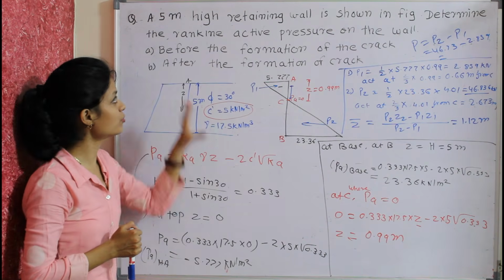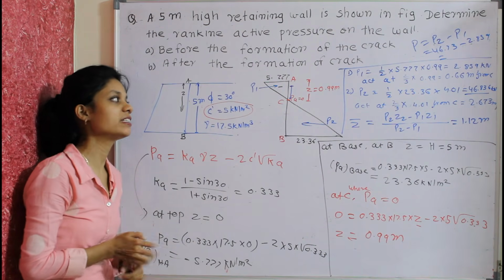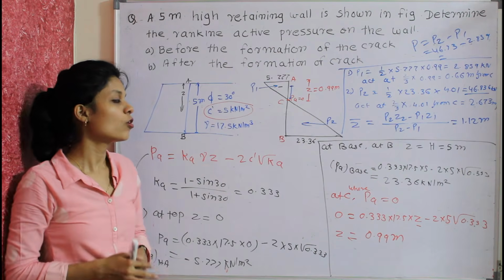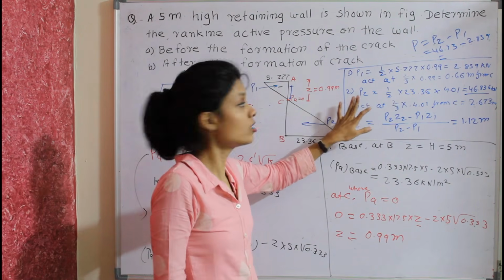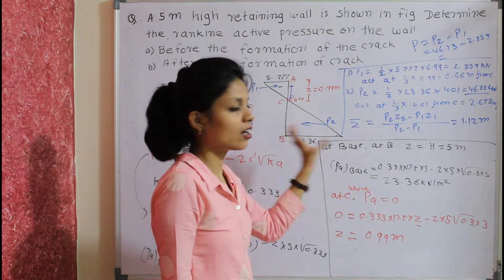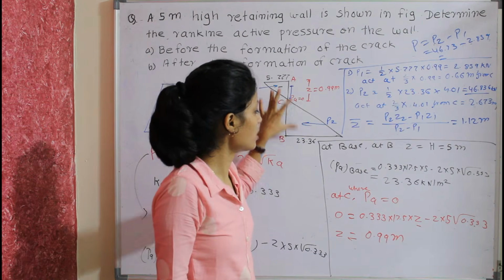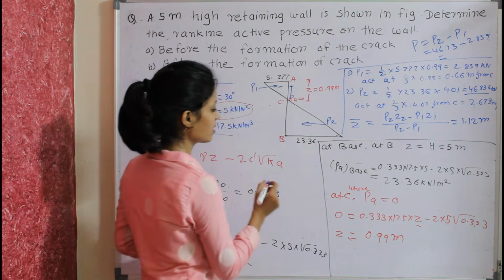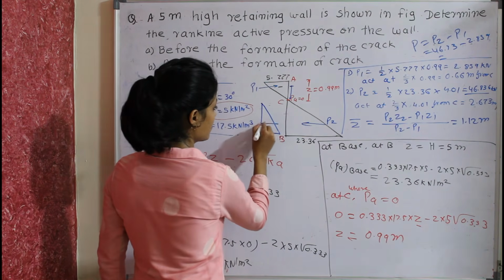This is for before formation of the crack. After formation of the crack, we have to neglect the negative value, so we only calculate P2. After formation of crack, we only take the positive triangle for P.